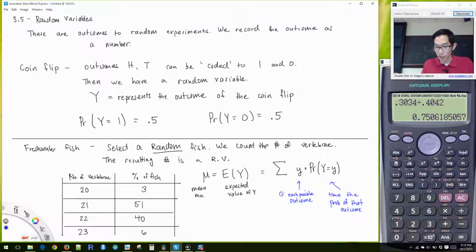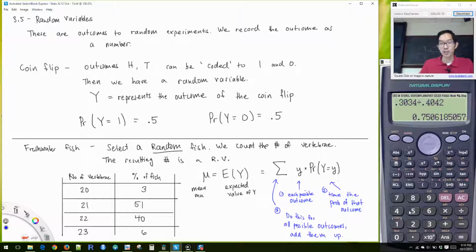Okay, so maybe I'll do 1, 2, and then lastly, we do this for all possible outcomes and add them up. We're good now, I hope?